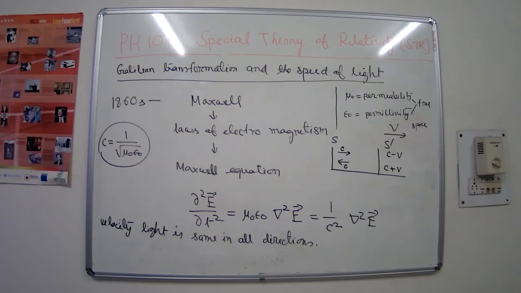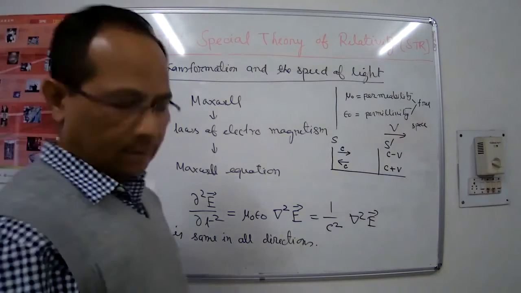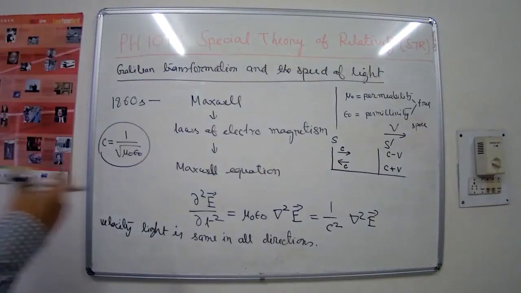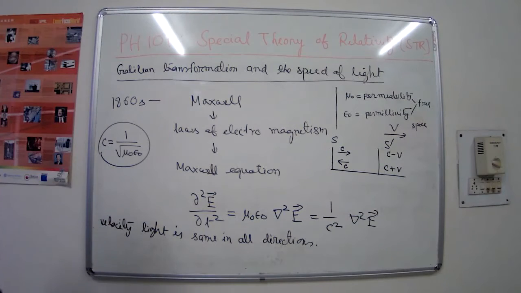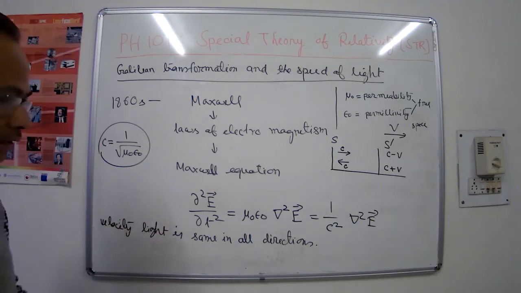Now, what were the explanations that were coming? Newtonian laws had been there for more than 200 years, and they were able to explain so many different phenomena, and that led to so many discoveries.